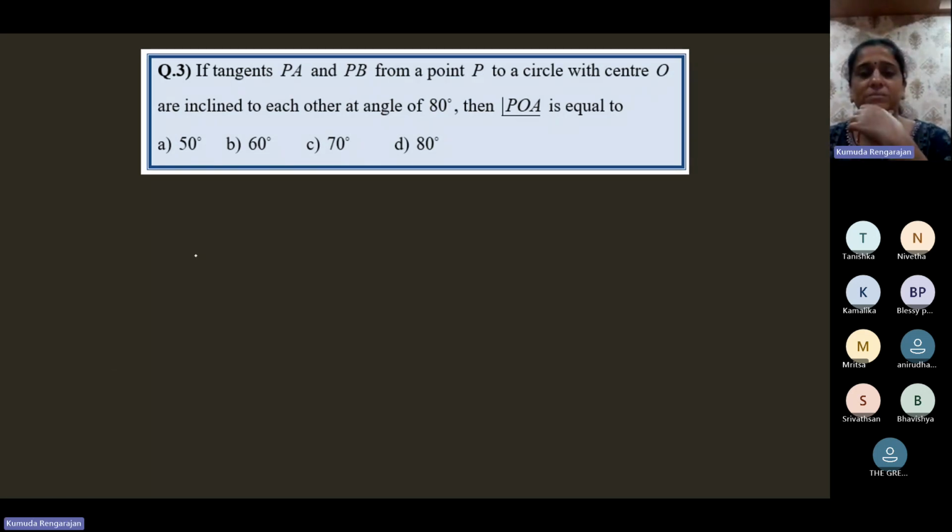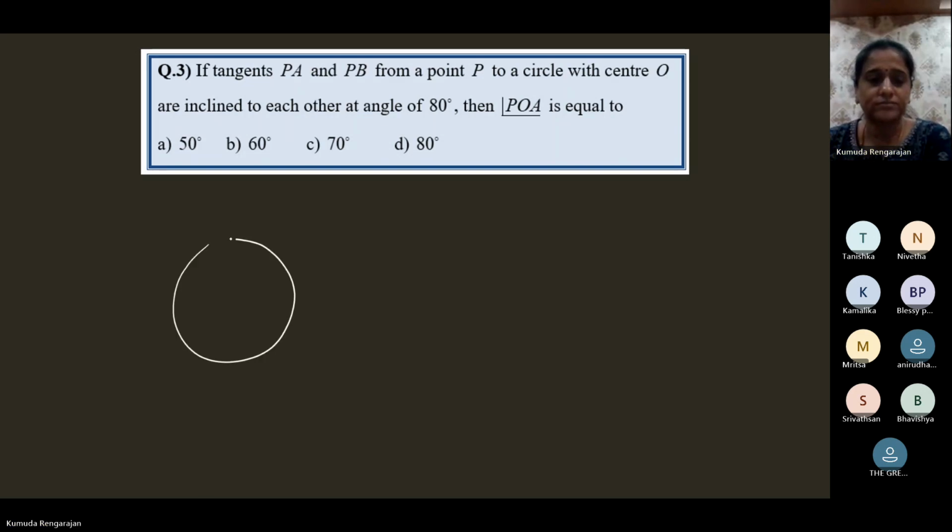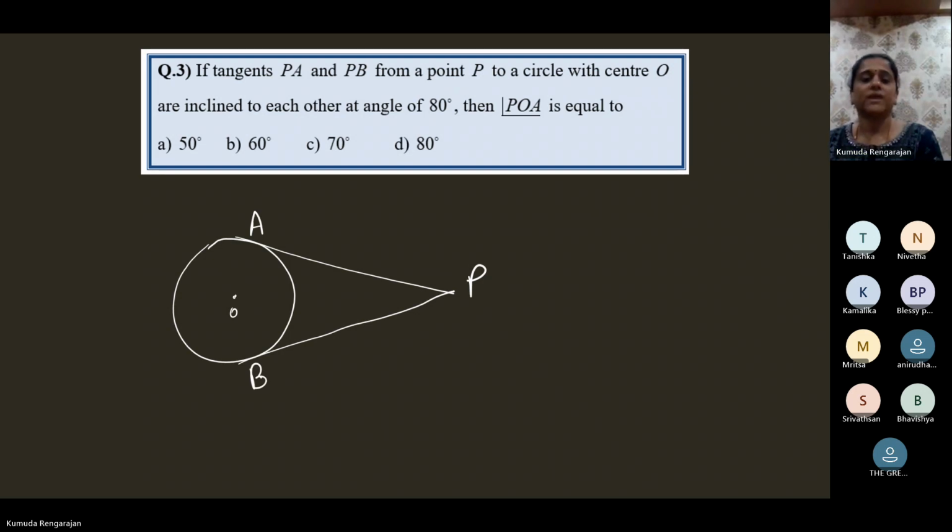If tangents PA and PB from a point P to a circle with center O are inclined to each other at an angle of 80 degrees.